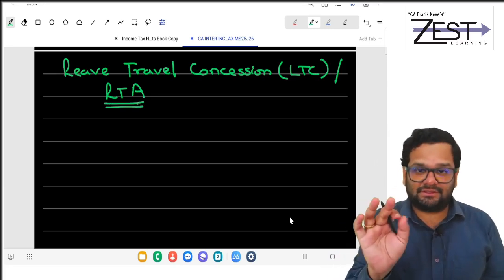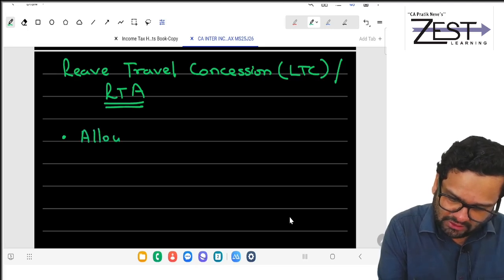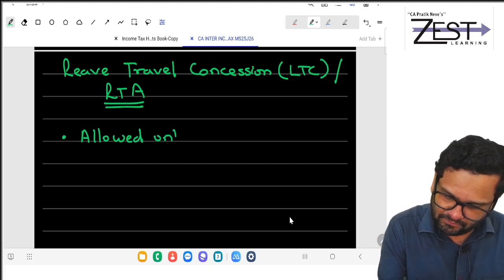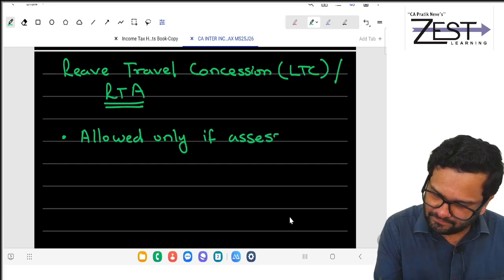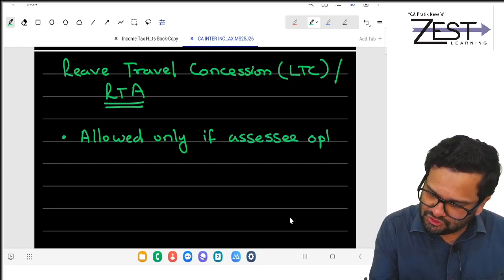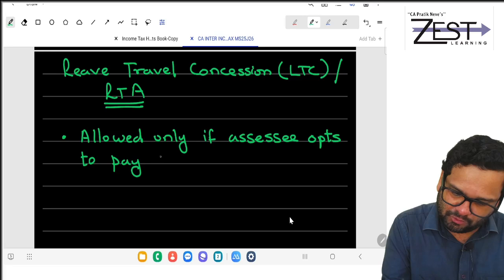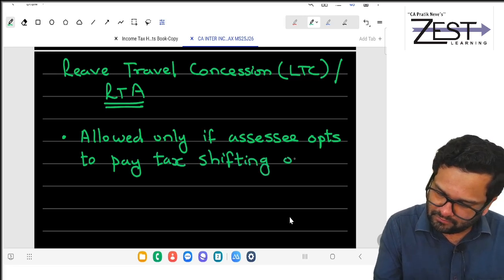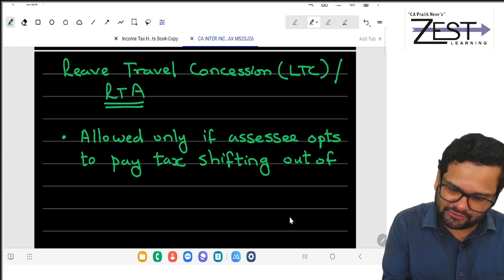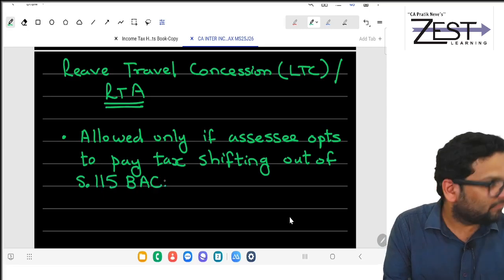Whatever it is, you should first understand it is allowed only if the assessee opts to pay tax, shifting out of section 115BAC.